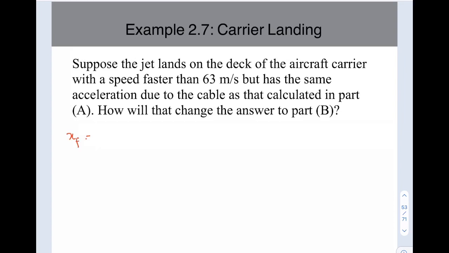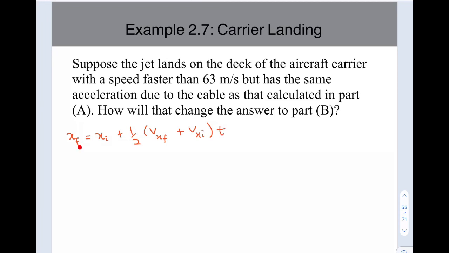X final equals x initial plus half of Vx final plus Vx initial, times T. In the previous calculation, this one is 63, finally 0. If this one is bigger, it means that this one is going to be bigger as well.